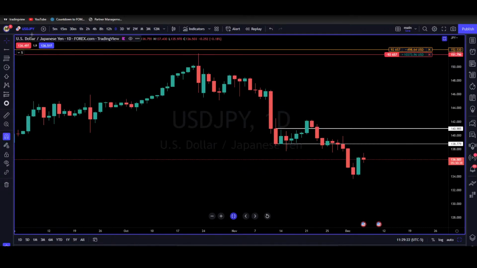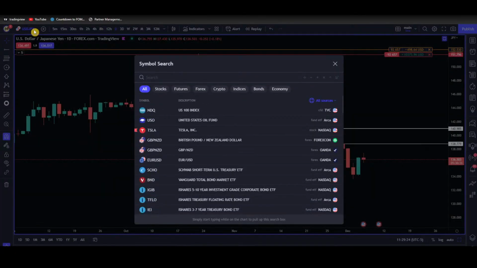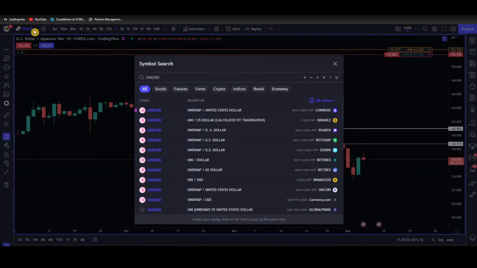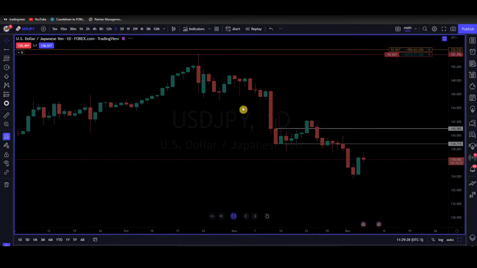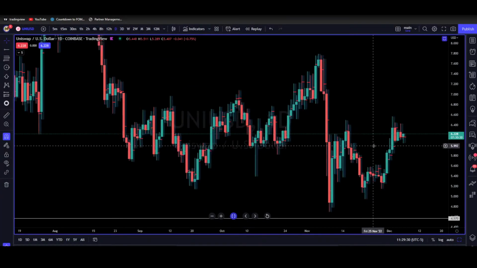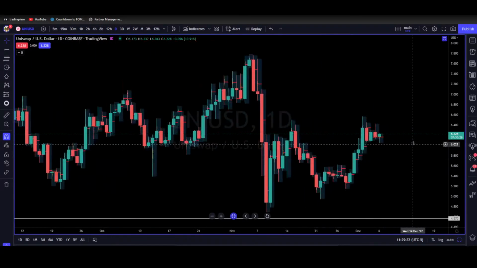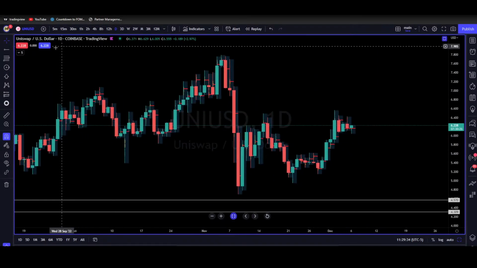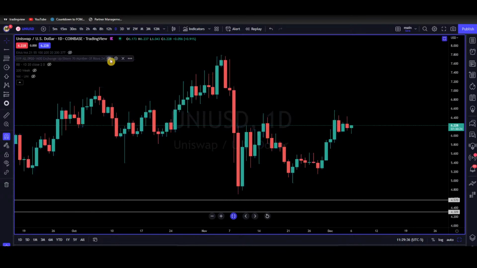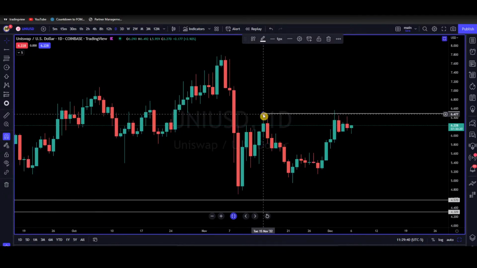And thoughts on Uni? Looks very similar to Bitcoin. It has done the exact same thing as Bitcoin. You have liquidated all of your weekly highs. That was the highest week right there.